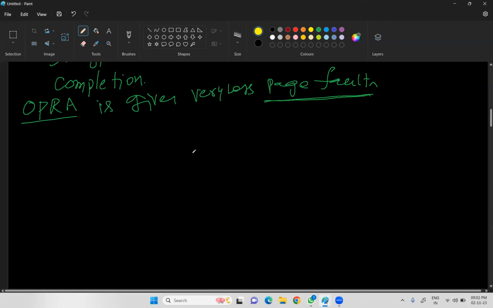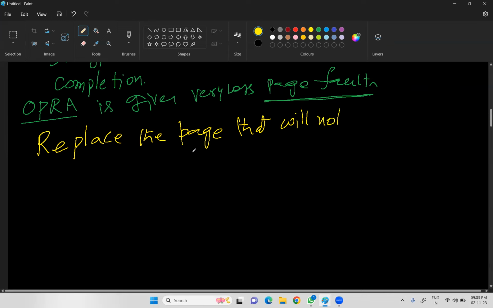So look at this: replace the page that will not be used for the longest period of time.